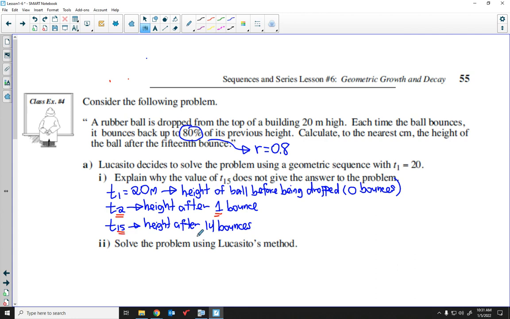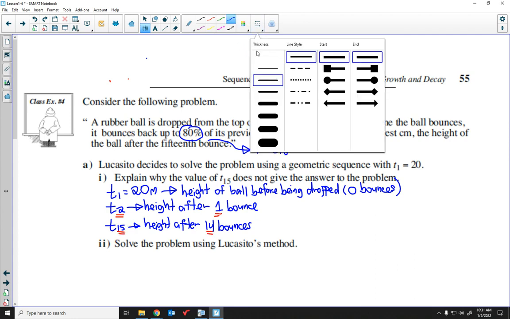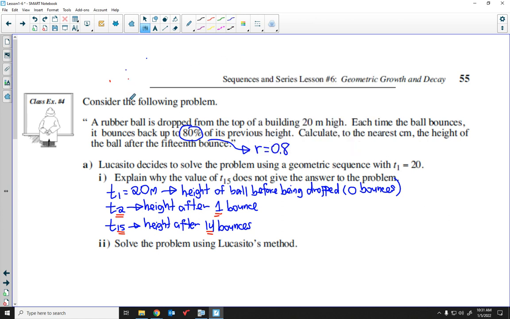So again, the term number is not matching up with the number of bounces. So we have to account for that when using their strategy.